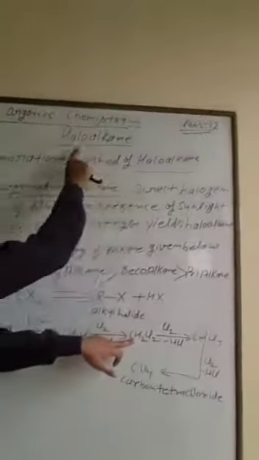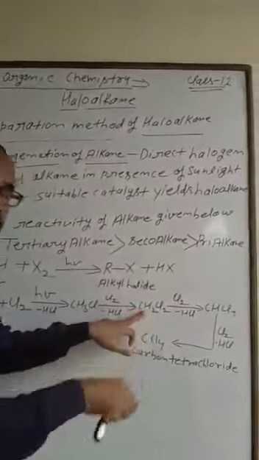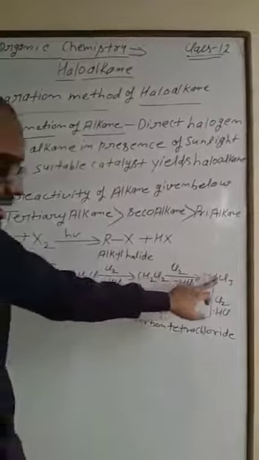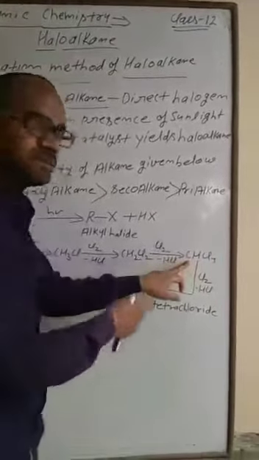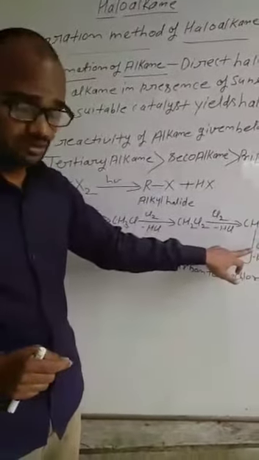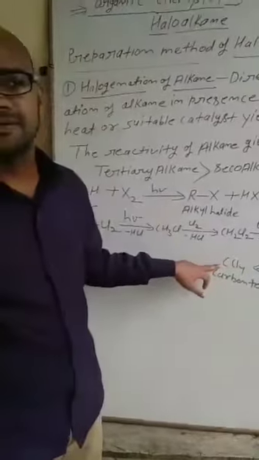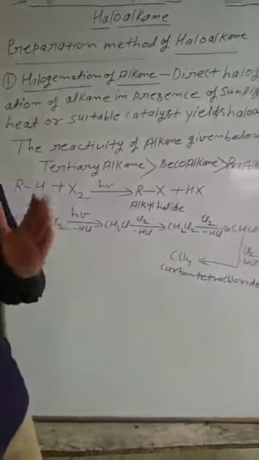Here, student, the first is a primary mono haloalkane, here dihaloalkanes, then trihaloalkanes, another name is chloroform, and again Cl2 gives the formation of CCl4, carbon tetrachloride.